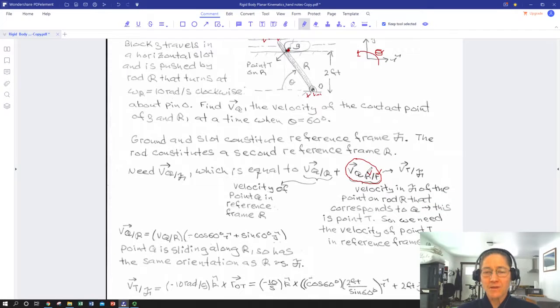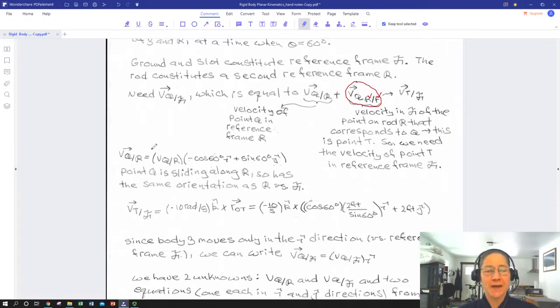So that's how we go from having effectively 3 bodies, or 2 bodies in a fixed reference frame, to really only working with the rod versus the fixed reference frame. So we'll continue with that.